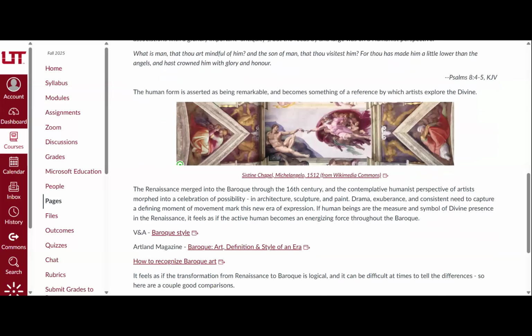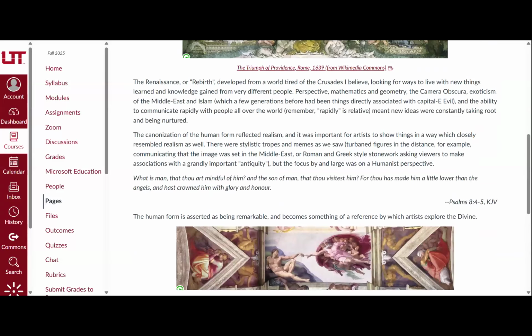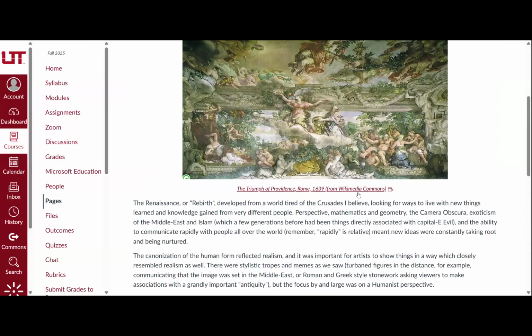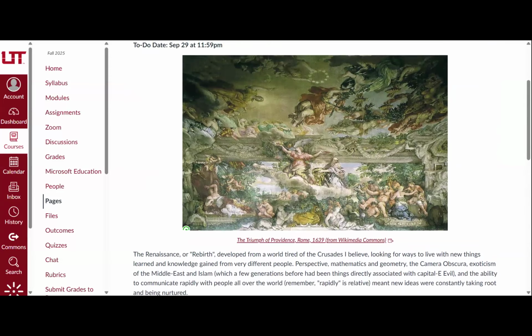One of the big things is I'm making a comparison between the Sistine Chapel that Michelangelo did, and this is another ceiling painting. It's called the Triumph of Providence, and this is in Italy at the first part of the Baroque period.